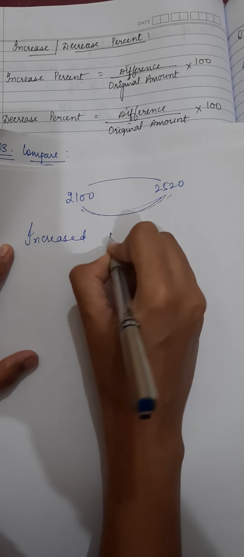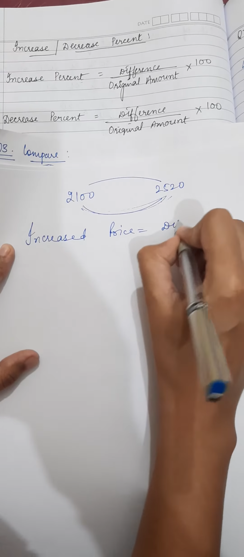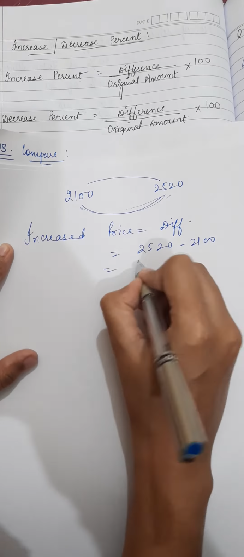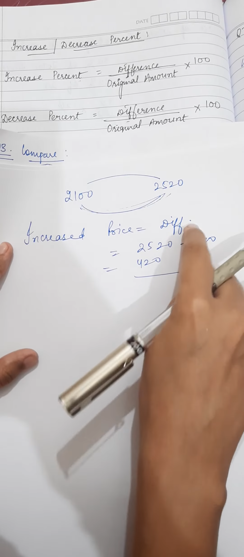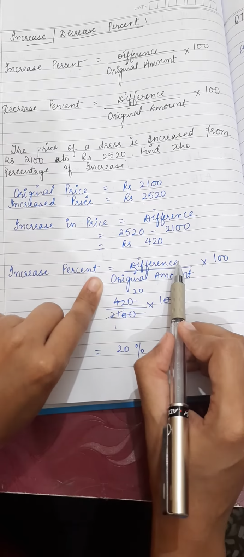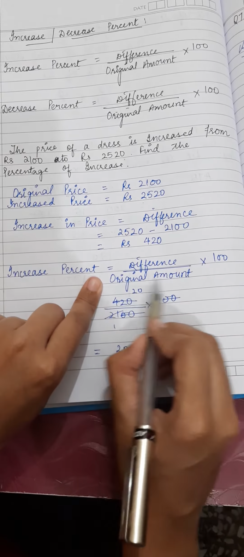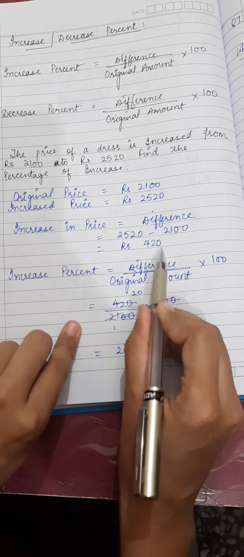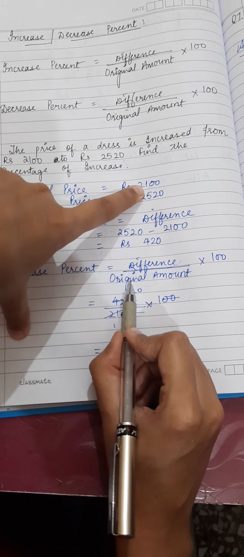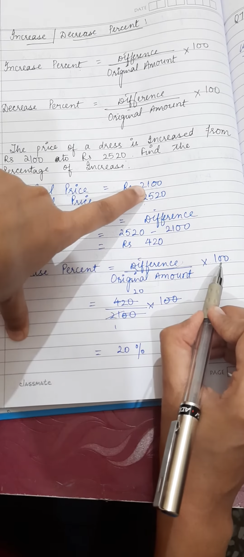For the increase in price, firstly find the difference. Difference means 2520 minus 2100. The answer is 420. Right? This is the difference of these two values. Now, to find the increase percent, it is the difference upon the original amount, into 100. What is the difference? 420. The original amount is how much? 2100. And then multiply by 100.